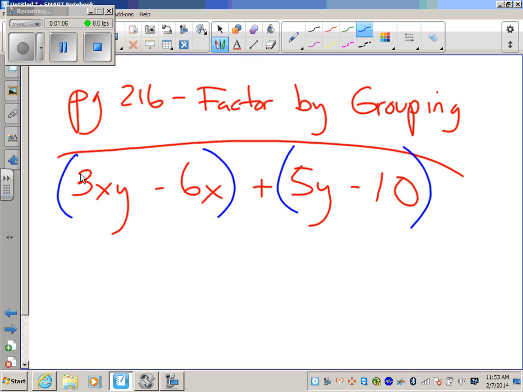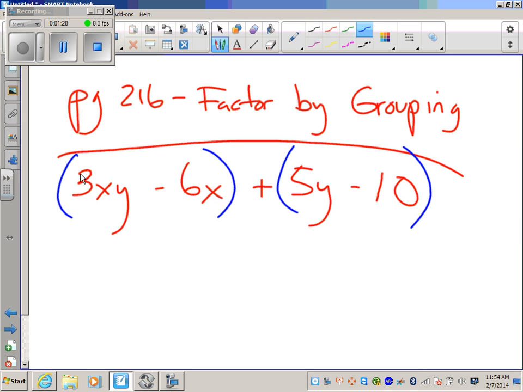Essentially, this is a positive 5y, that's a negative 10. The way they start us off is they usually just put them in order, it's going to work out the best. Most of the time, you can pretty much put them in any order you want and group them out.